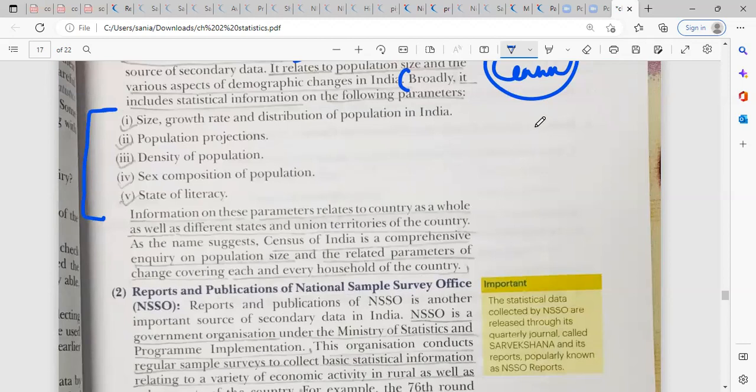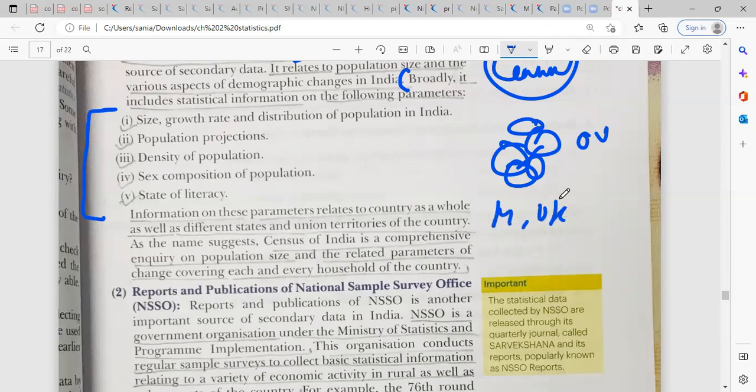In India you have different states, so for the overall country you will get the total population density of India. Plus, if you want individual data, like for Maharashtra, Uttarakhand, Tamil Nadu, Kerala, Delhi, you will also get state-wise data. Okay, clear?